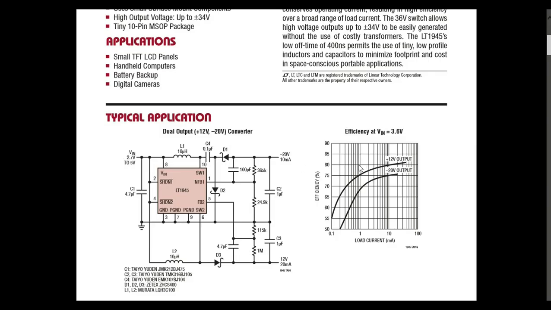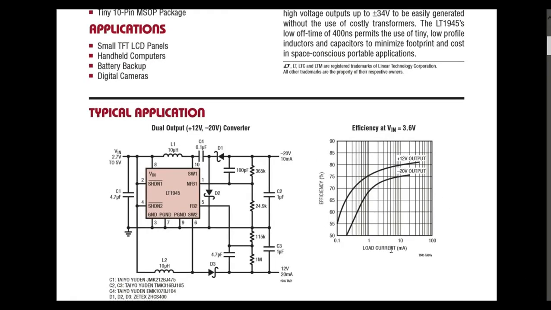For the 12 volt output at 10 milliampere they are achieving around 80% efficiency, while for minus 20 volt at 10 milliampere they are achieving around 75%. I would say efficiency is not up to that mark, but somehow this is generating the dual output with the positive and the negative.